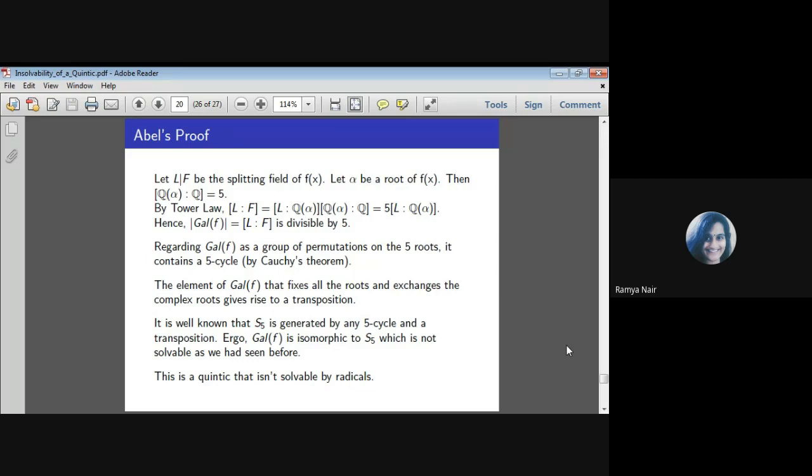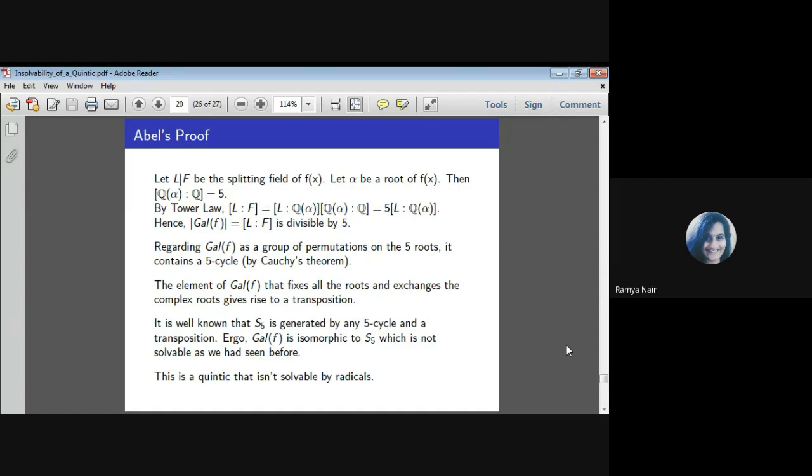This is because alpha is a root of a 5th degree polynomial. Q(alpha) is a vector space over Q, and since alpha satisfies a polynomial of degree 5, it cannot have a dimension greater than 5.